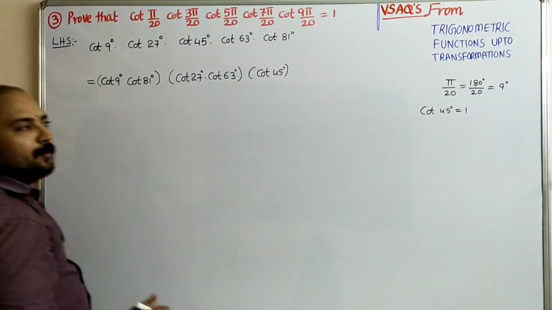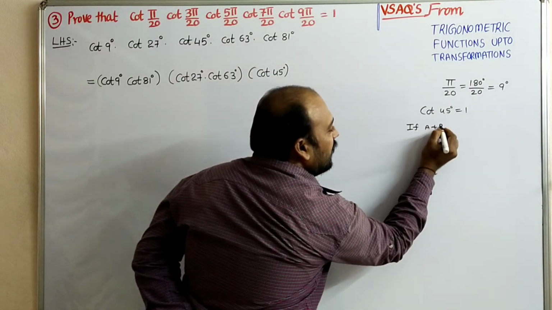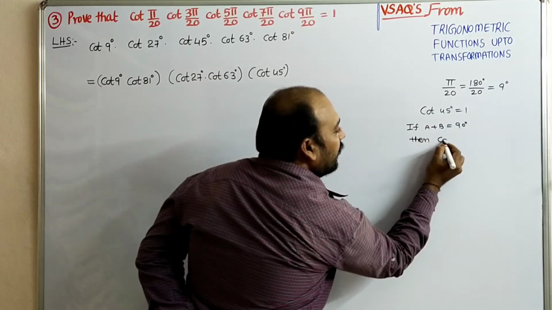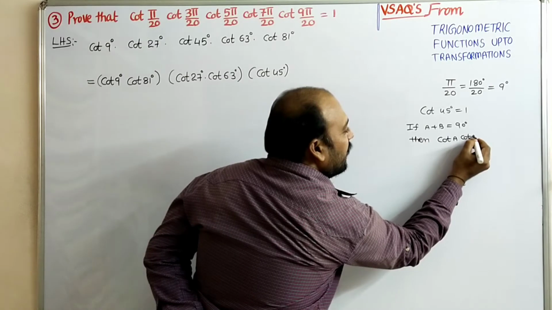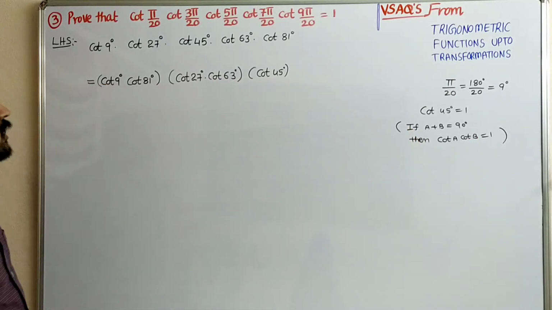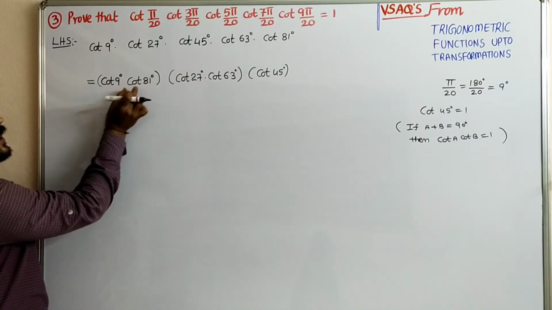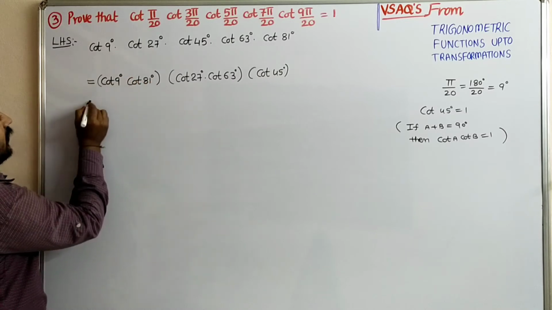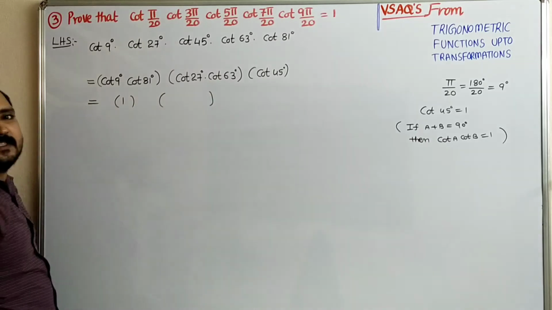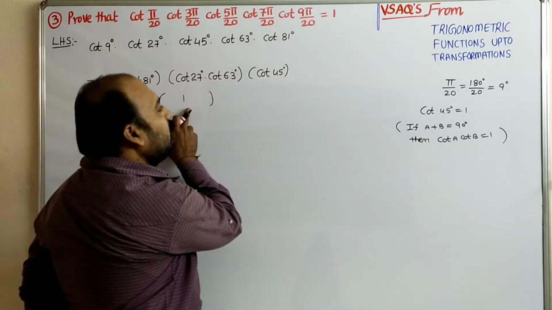Here we are going to apply: if A plus B equal to 90 degrees, then cot A into cot B is equal to 1. You remember that. This is an important note. So here 81 plus 9 is 90 degrees, so cot A into cot B is equal to 1. By using that formula, 27 plus 63, the sum of these two angles is also 90, therefore it becomes 1.